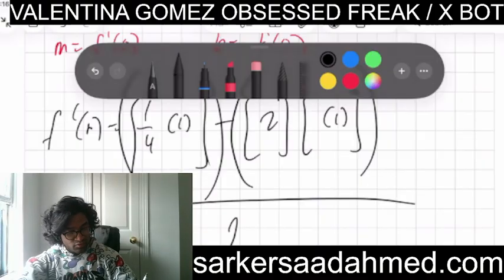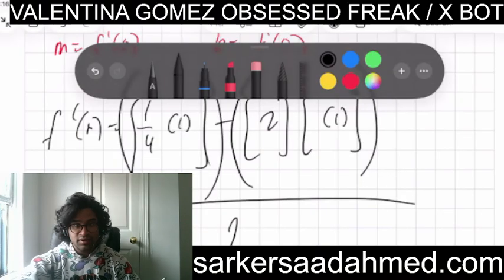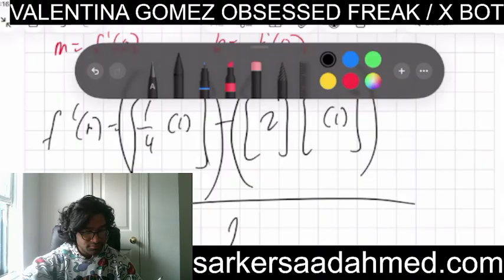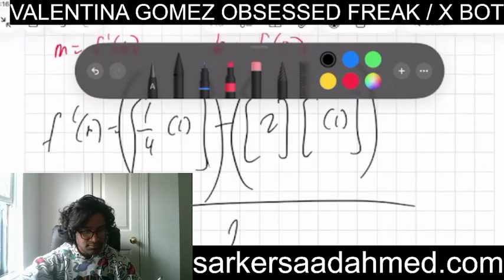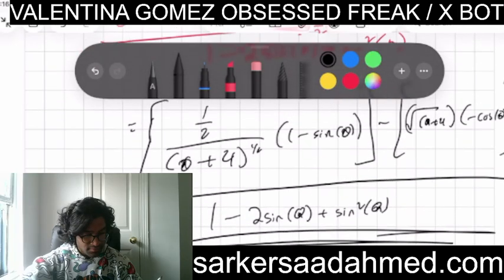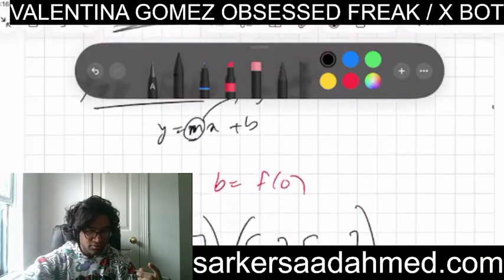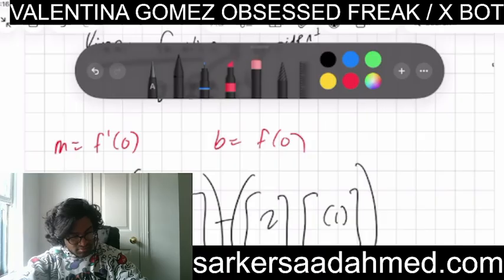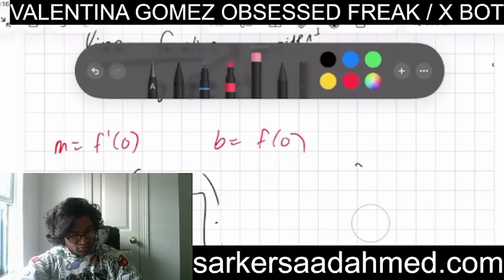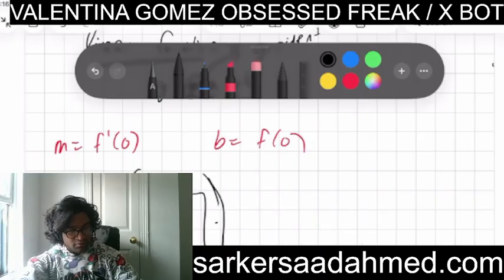F prime of 0 being 1/4 minus 2 by 1. Is it minus? No, minus cosine of 0 is minus 1, because cosine of 0 is 1.